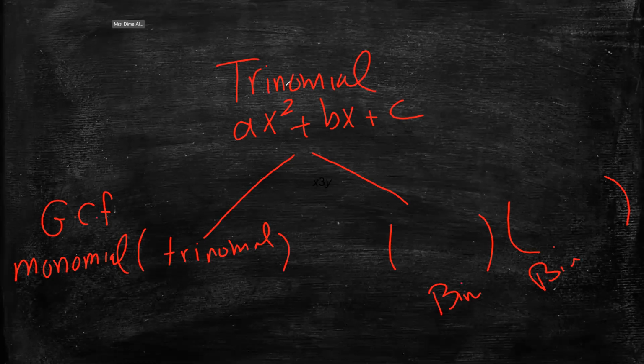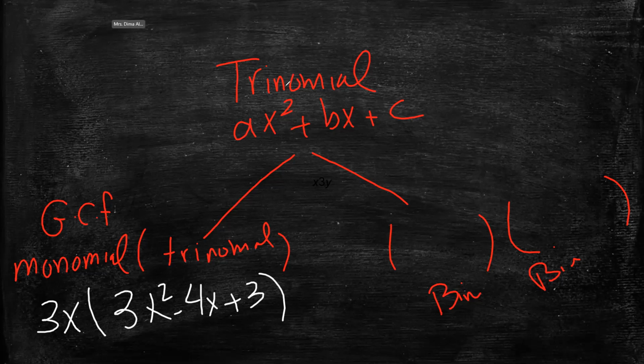The first way, you write a monomial times a trinomial. You take a monomial factor, then write the trinomial. Or you can write it like this, as an example. These are the two ways we can factor the trinomial. Let's now talk about the first way.